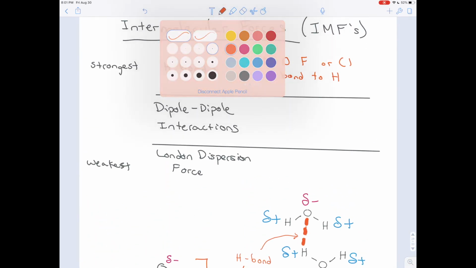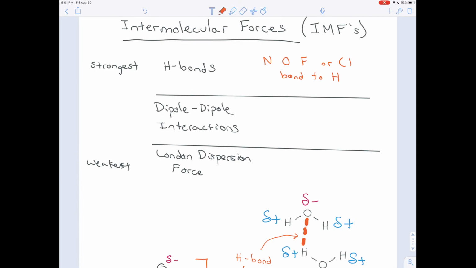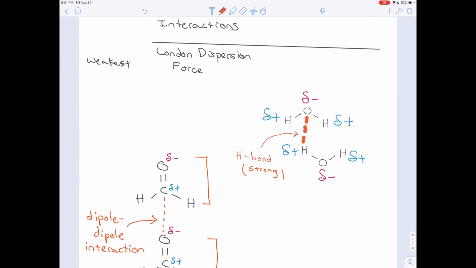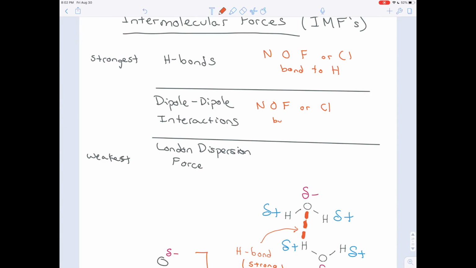Now the official difference between them, the rule of thumb that you could use to find out whether you have a dipole-dipole interaction, is that you'll have nitrogen, oxygen, fluorine, or chlorine, so those really electronegative elements that pull electrons toward themselves. But it won't be bonded to hydrogen.